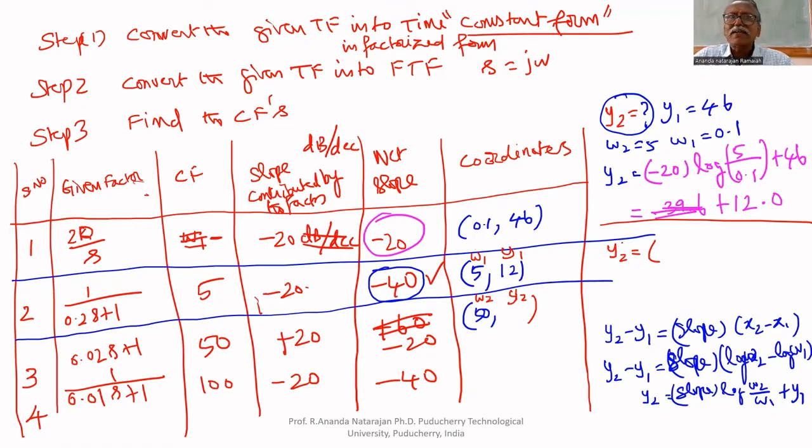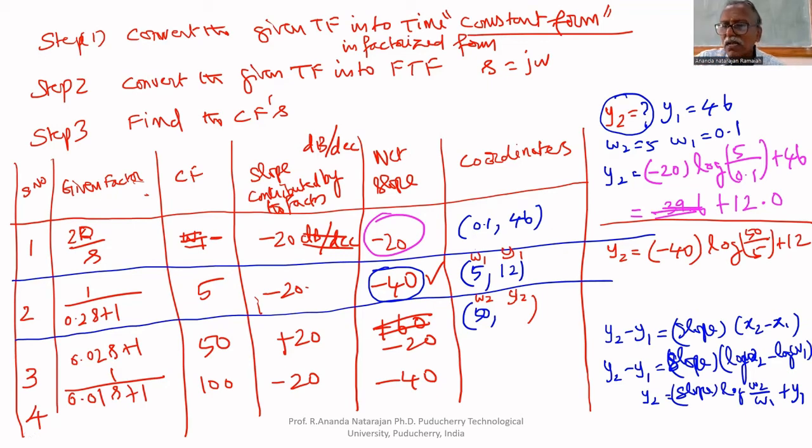Why am I telling like that? This factor will contribute after the corner frequency only. That's why that value we should not take. The previous value we have to take. So minus 40 log, omega 1 is 5, omega 2 is 50, therefore 50 divided by 5, plus y1 is 12. Find that.